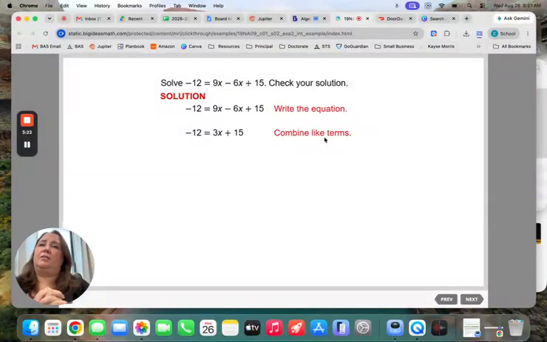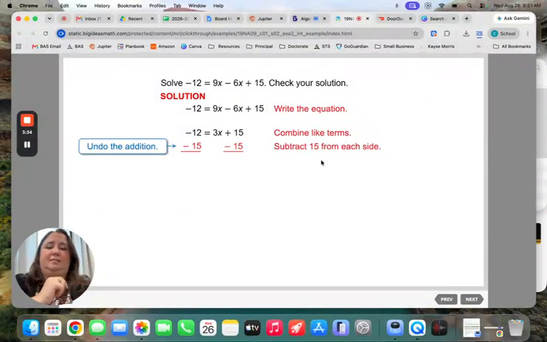You could, but there's a faster way to do this. We want to get the x by itself. So if we leave the x on the right, what would be something we could do? Minus the 15. So if we subtract 15 over to the left, because it really doesn't matter which side of the equal sign your variable is, you can solve it. So rather than moving everything to opposite sides, we just subtract the 15.